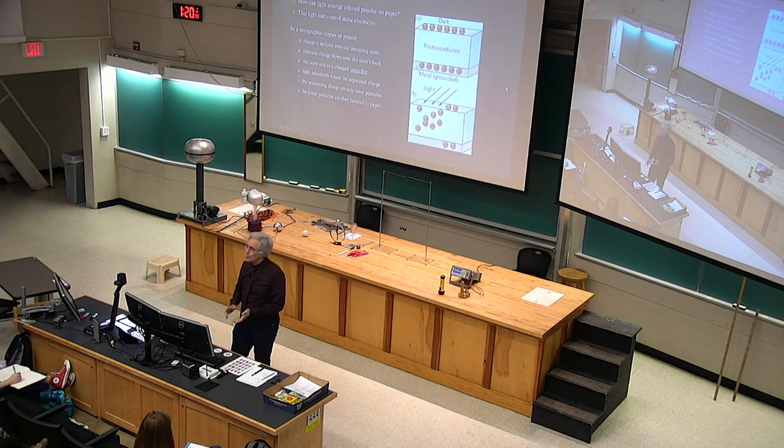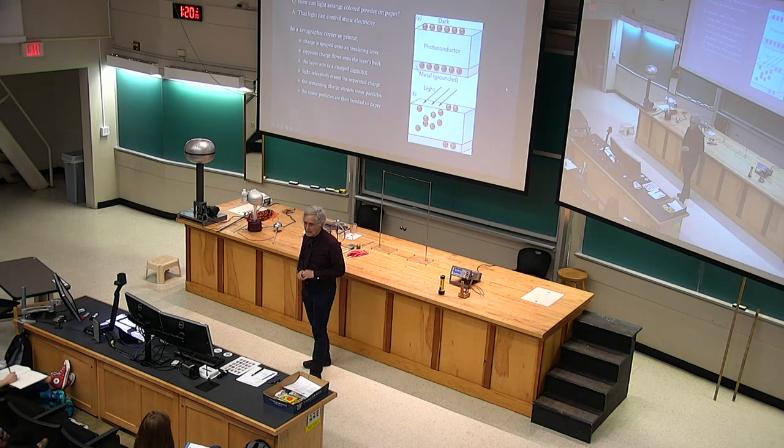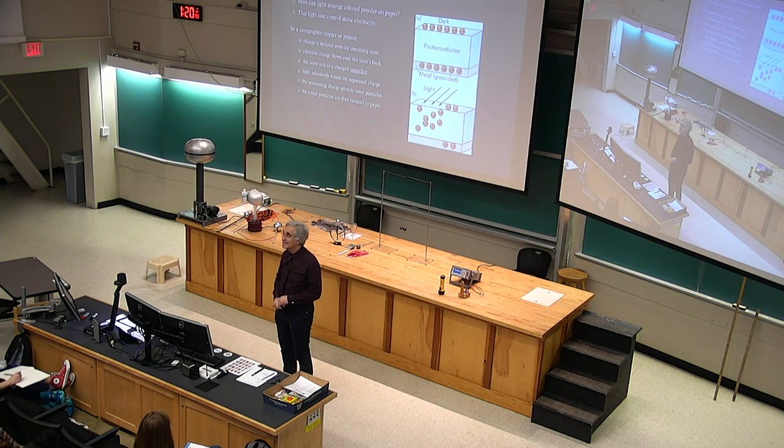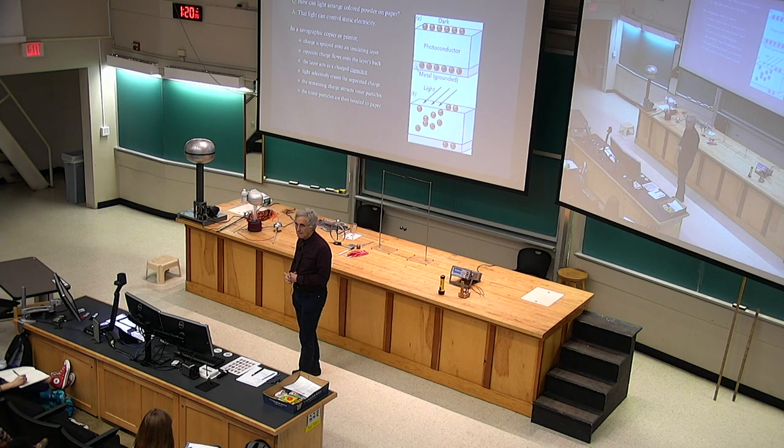All right. So the story of how a xerographic copier works has a couple of pieces to it. And over the years, I've emphasized different parts of it and de-emphasized others or delayed them. I'll tell you the one I'm delaying right now shortly.